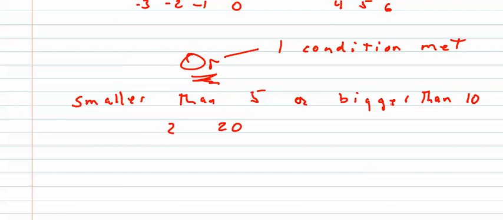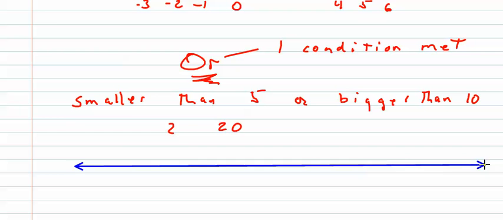If I say, bring me a cupcake or a cookie, doesn't matter which one you bring, I just want one of them. So when we graph something like this, it's done similarly.